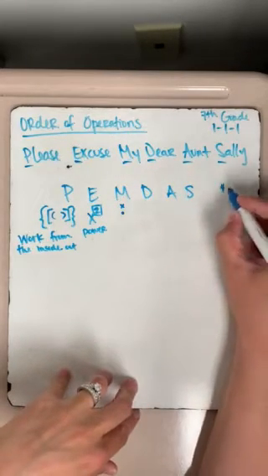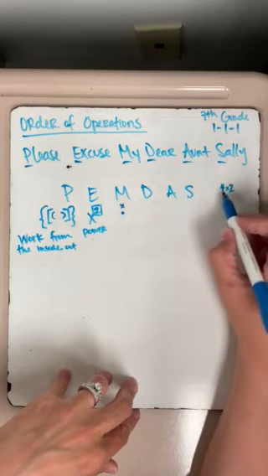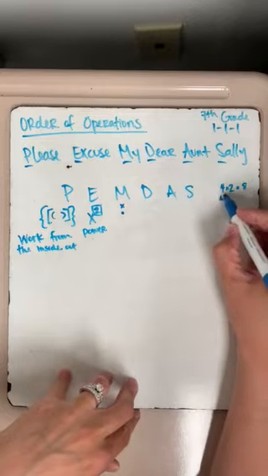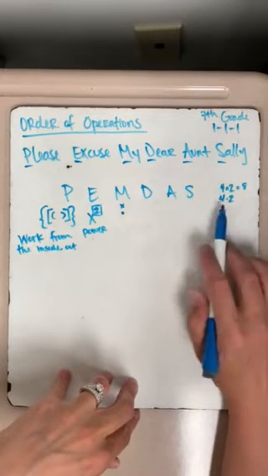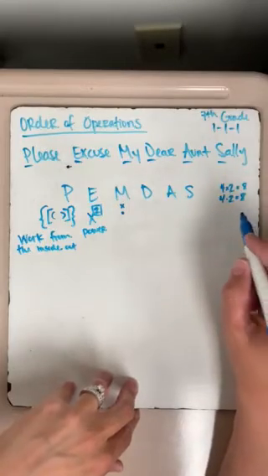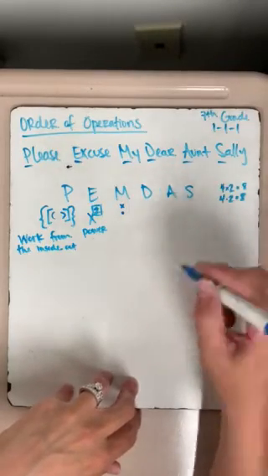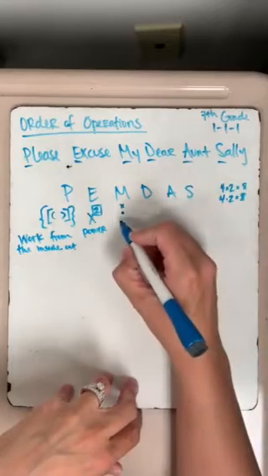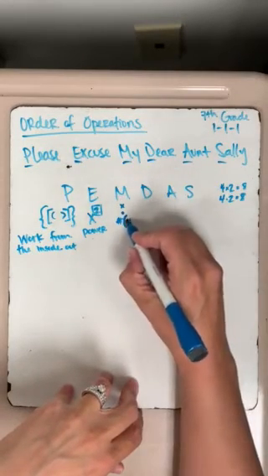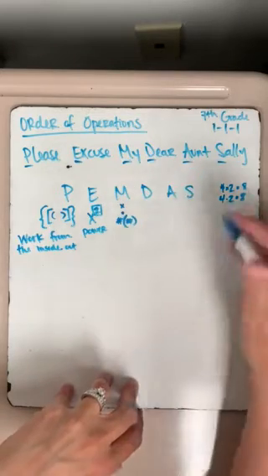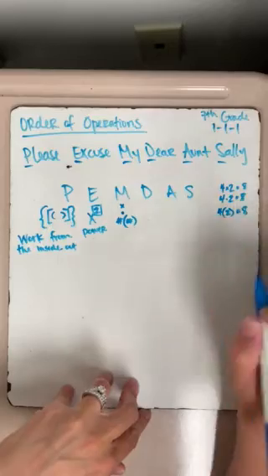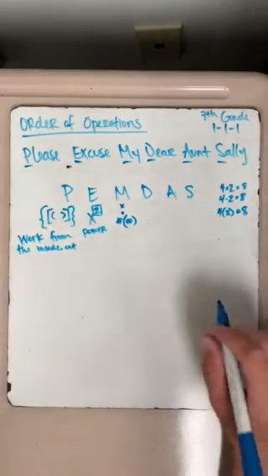This is what you guys would have seen: 4 times 2 would have been 8. Now what you'll see is 4 times 2 with a dot in the middle, still 8, so that's good. You might even see a number right next to a parenthesis. So if I have a number right next to a parenthesis and there's another number on the inside, that right there, 4 times 2, also means multiplication, just so you're aware.